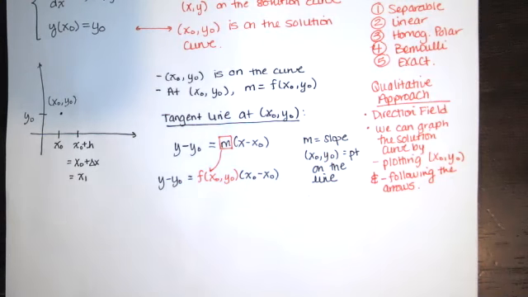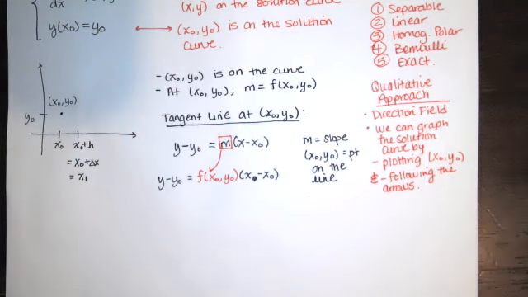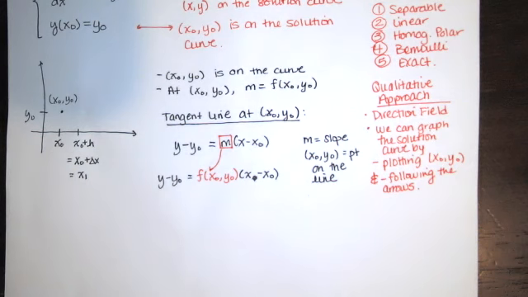So that's my tangent line. Oops, that x naught shouldn't be there. Maybe my tangent line looks like this. Trying to get a straight edge here. There we go.